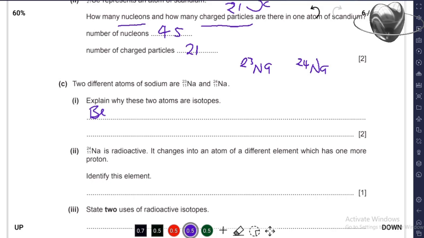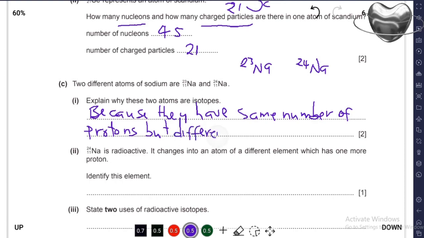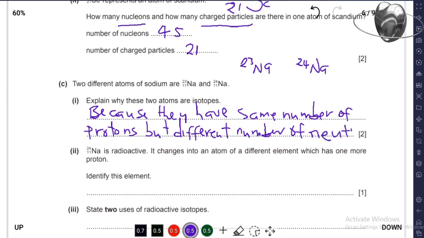Because they have the same number of protons but different number of neutrons, or we can say mass number.